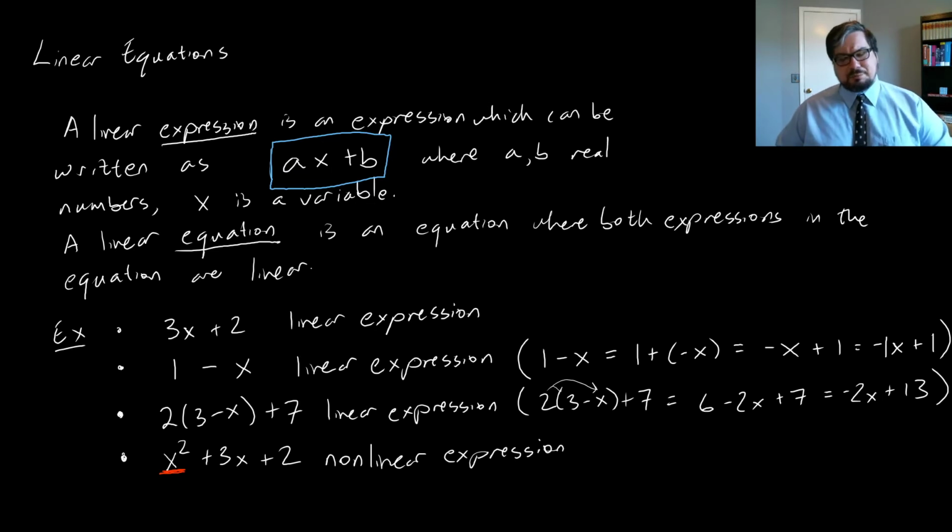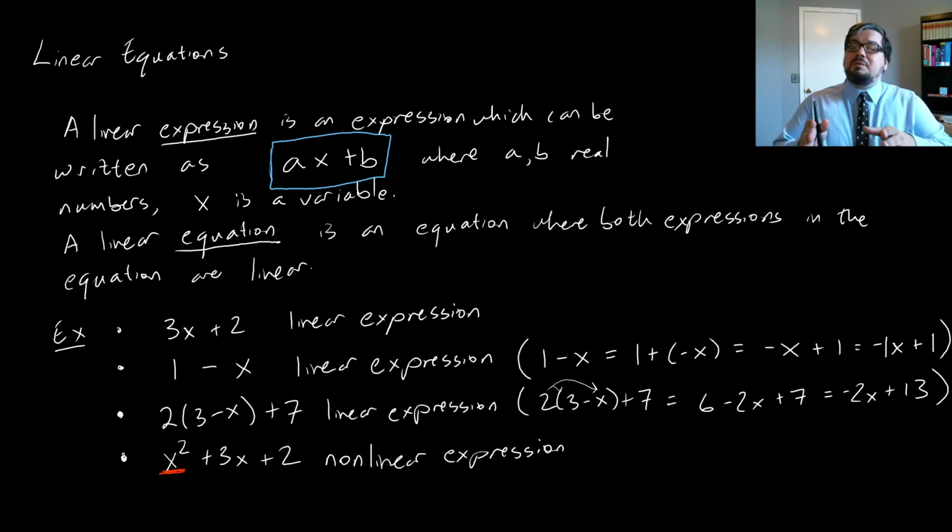In linear expressions, variables aren't being multiplied by any other variables. That's one way of understanding what a linear expression is. It's one where the variables are only being multiplied by other numbers. They're not being raised to powers. They're not going into square roots or into other functions, things like this.